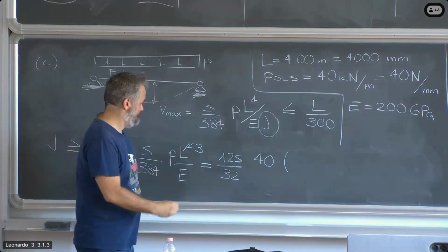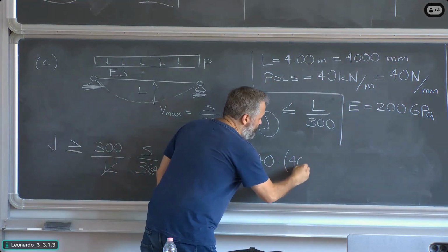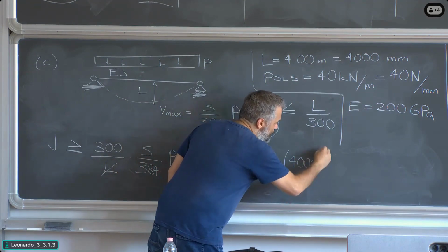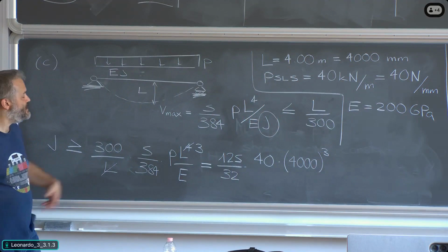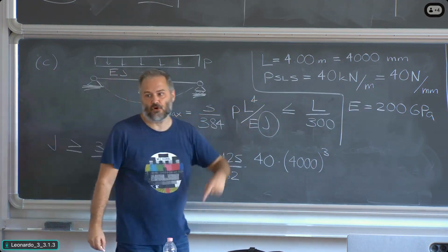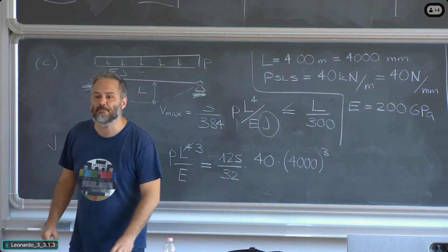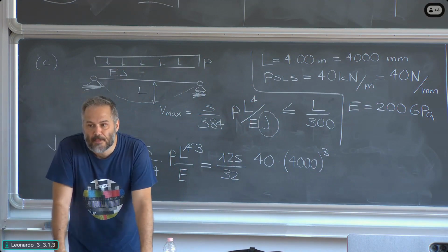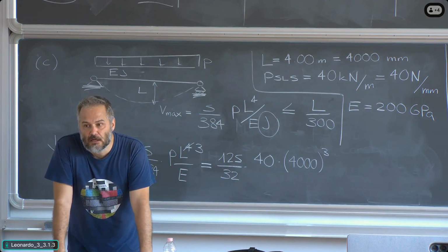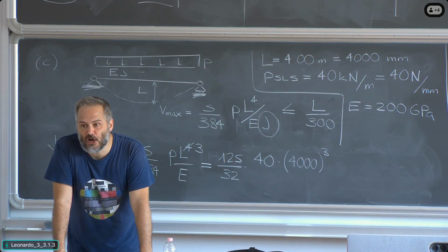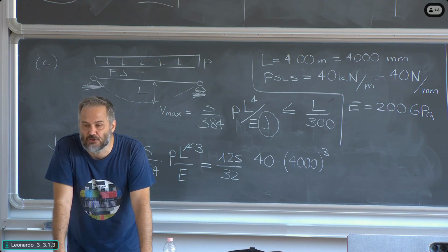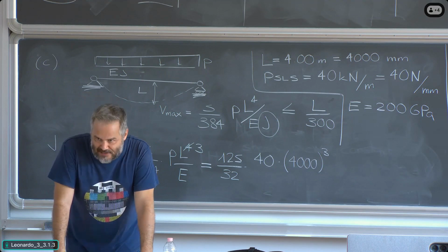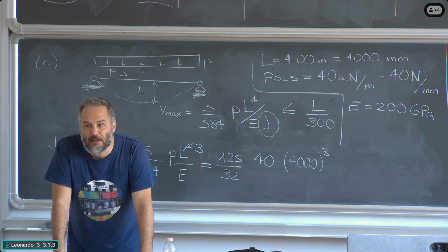So here, 4,000 to the power of 3 divided by E. Now E is slightly more complicated. 200 gigapascals is 200 multiplied by 10 to the power of 9, which means billions of pascals. That doesn't help a lot.